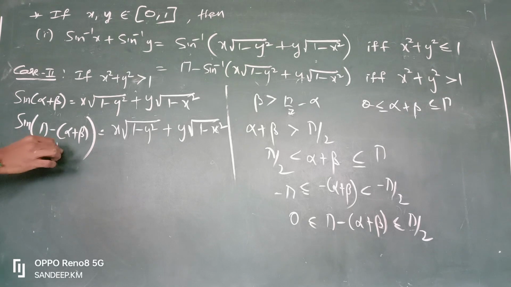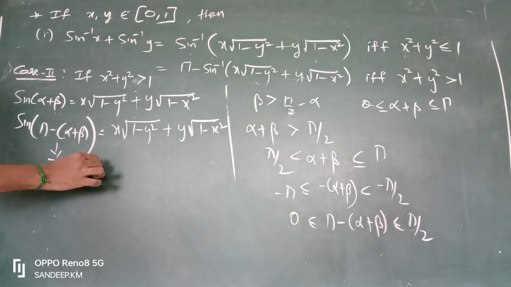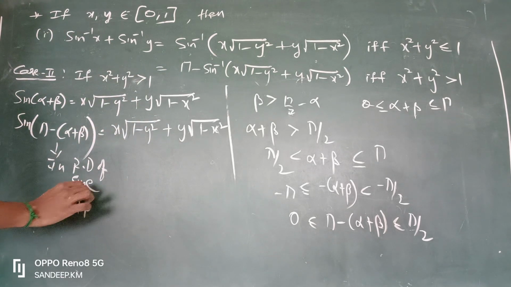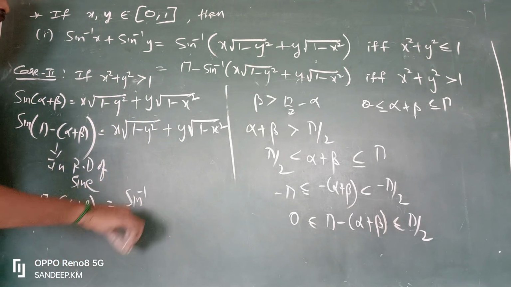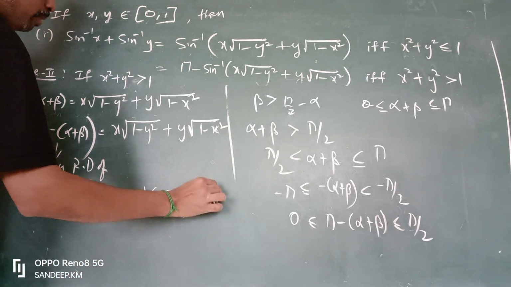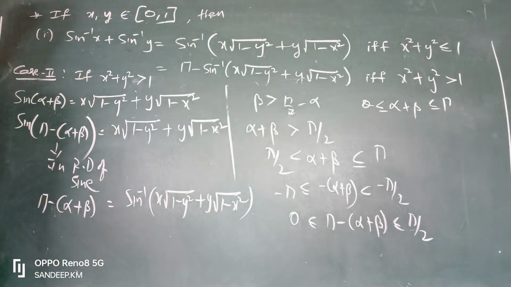And observe that this is in the restricted domain of the sine function. So now sine is ready to fly to the right side. Pi minus of alpha plus beta is equal to sine inverse of x into root of 1 minus y square plus y into root of 1 minus x square.